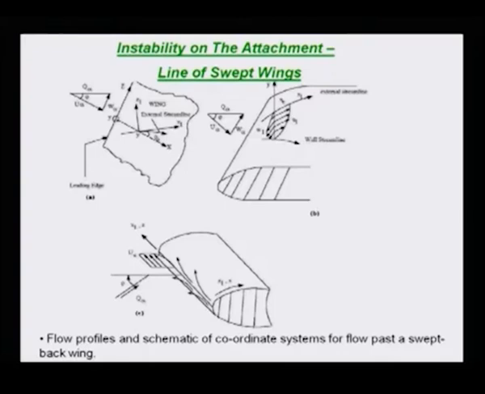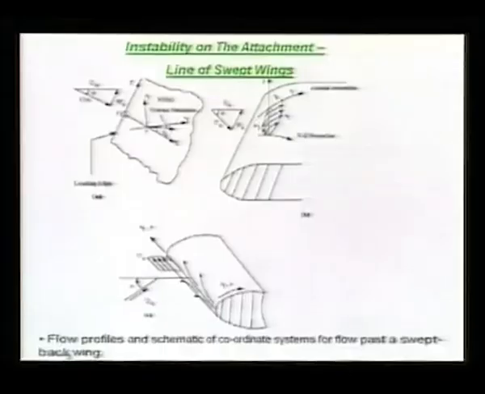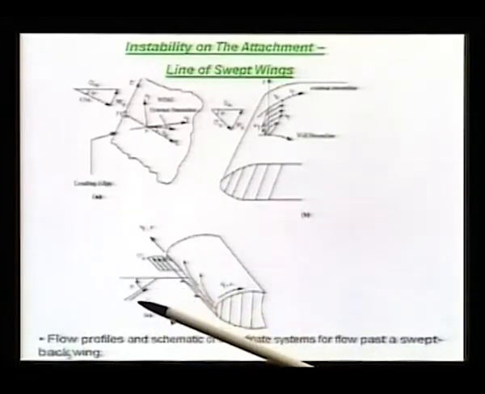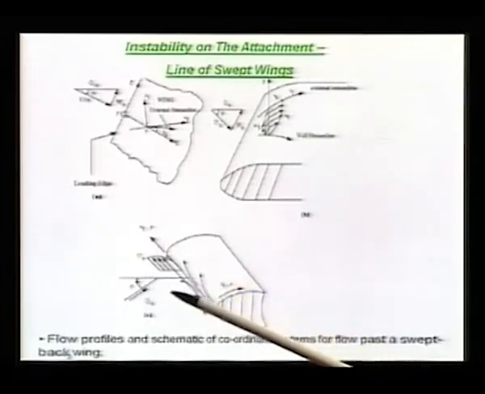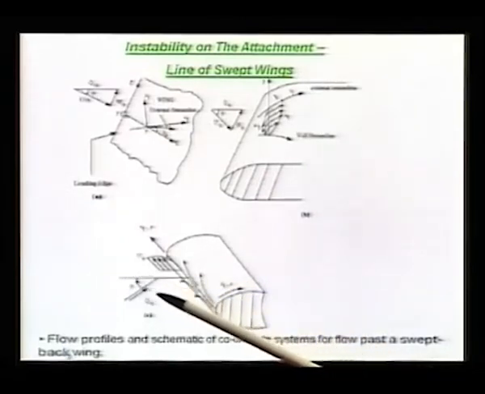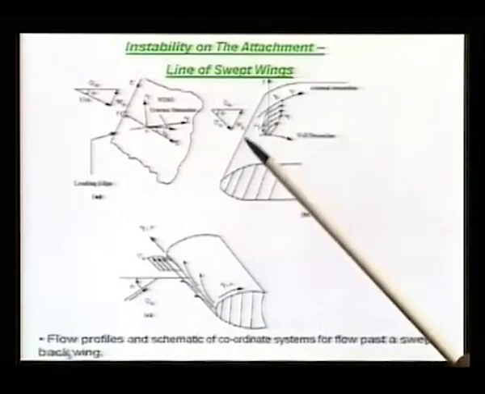Now, let me familiarize you with the various coordinate systems that we use in defining the flow. Like here in the lower frame that you see, Q infinity is the total oncoming flow field, which is at an angle alpha to the normal to the plate. So, you could get a U infinity and a W infinity.